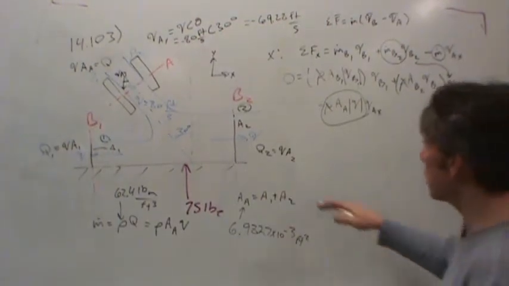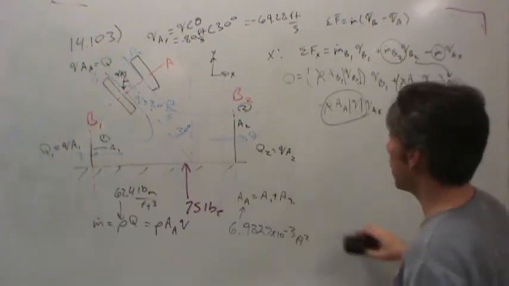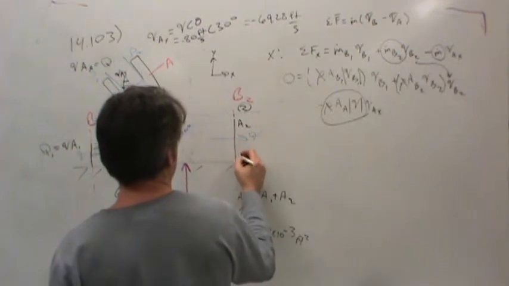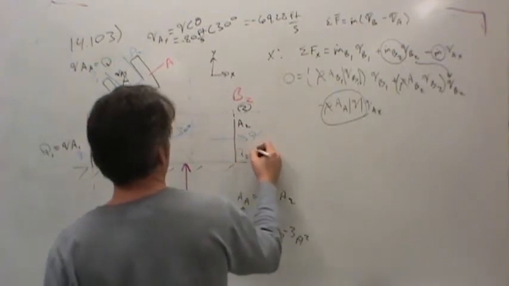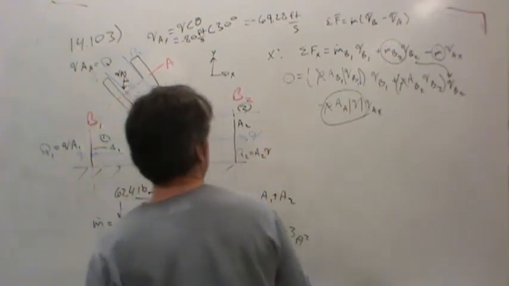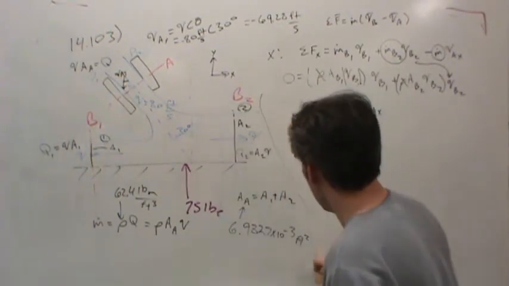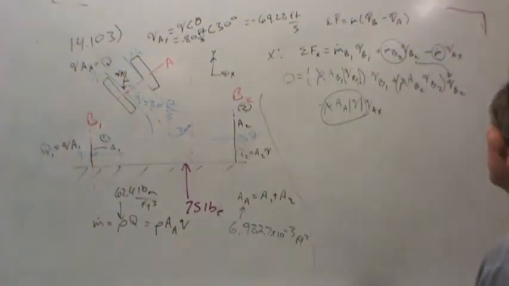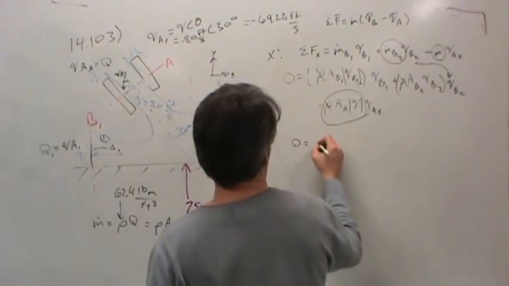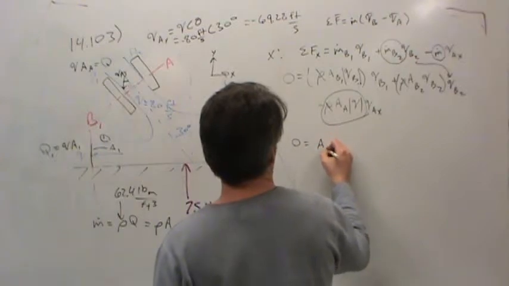Okay, so then what? Well, let's clean it up a little bit. Let's write it again. I'm going to move this out of the way so that we can have some space. So this is Q2 equals A2 multiplied by V. Okay, so let's rewrite this. Basically, 0 equals the area B1.